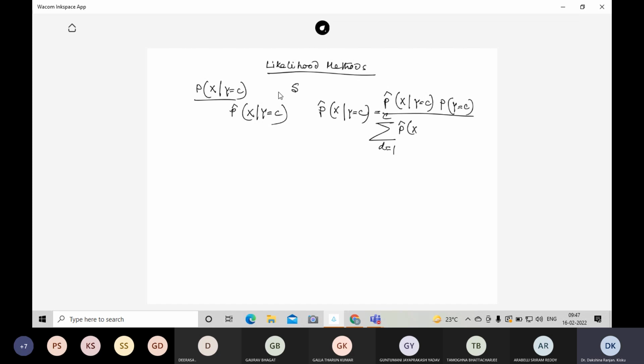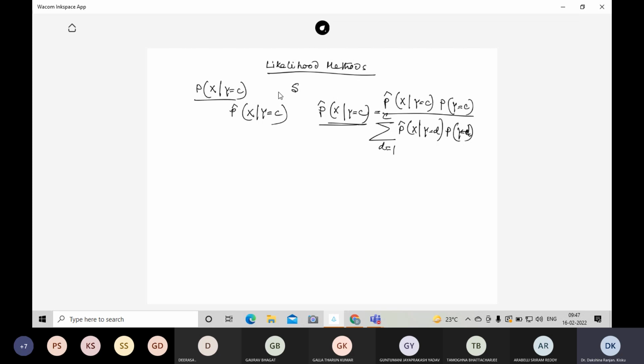Okay, so we can write p cap of x given y equals d and probability of y equals d. Okay, so this is the estimate of the likelihood.